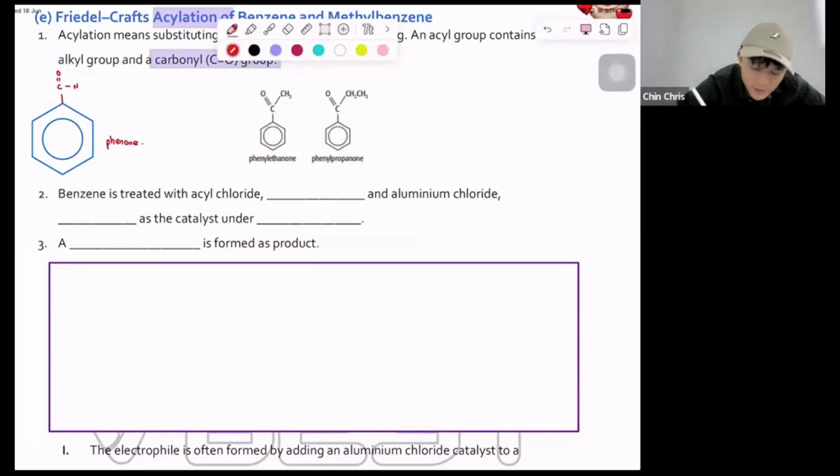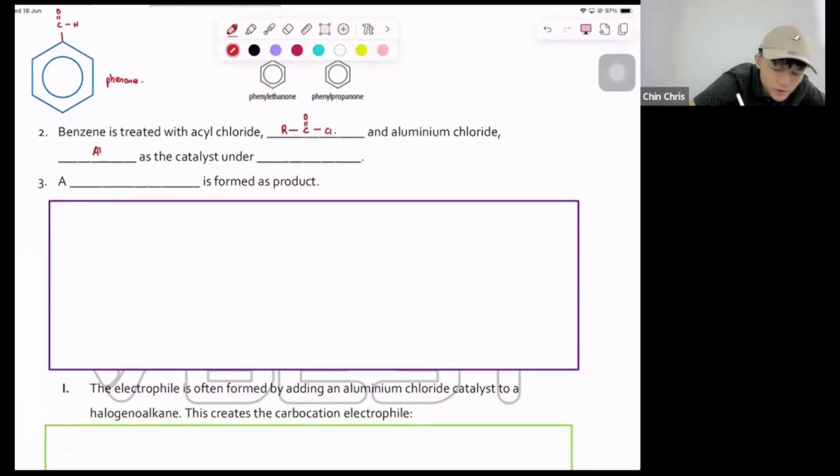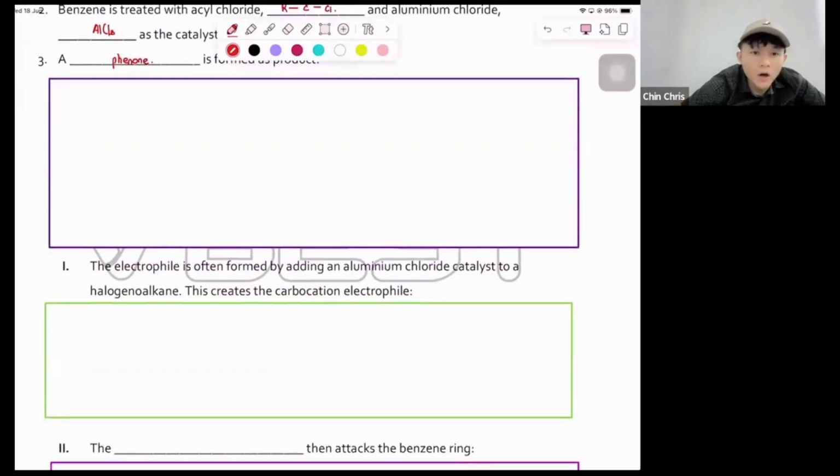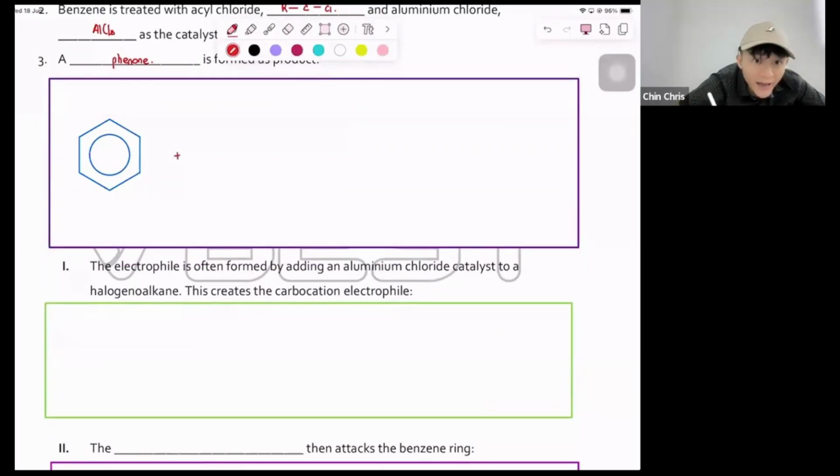Benzene is treated with acyl chloride. Acyl chloride, general formula is RC double bond OCl, which you will do later. It's a new organic compound, with AlCl3, and under reflux. Remember, you have to heat it under reflux. All right, guys, let's continue. I have a benzene ring, and I'm going to add an acyl chloride, CH3COCl.